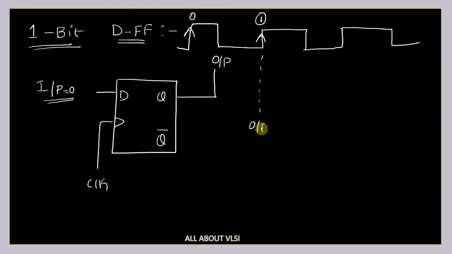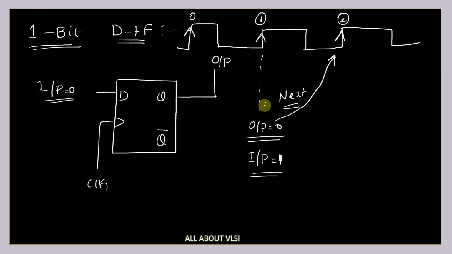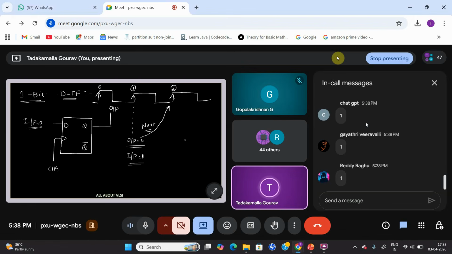So here my output is equal to 0. And at this first clock edge, I'm going to provide input equal to 1. So what will be my next output? Obviously, the next output will be present at the next clock edge, right? If you provide the input here, you will get your output at the next clock edge. Am I right or wrong? Am I drawing it correctly?